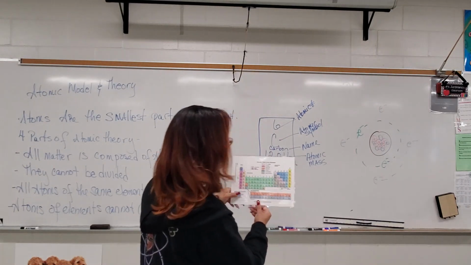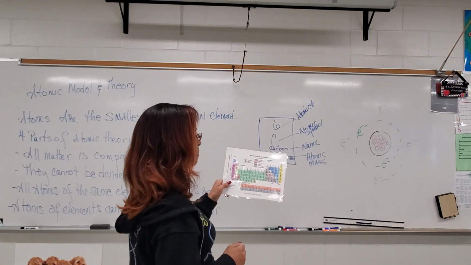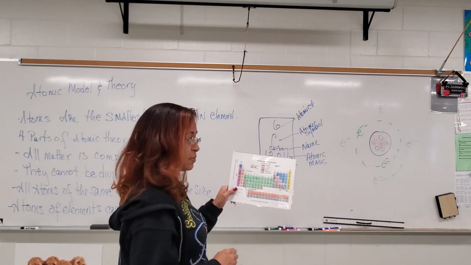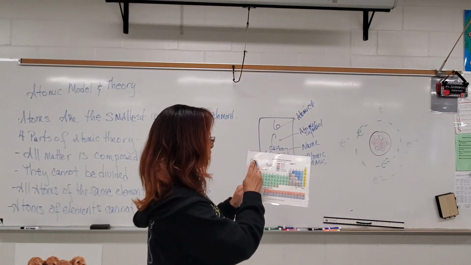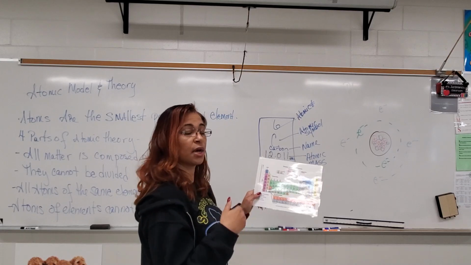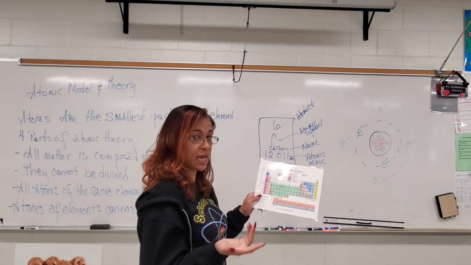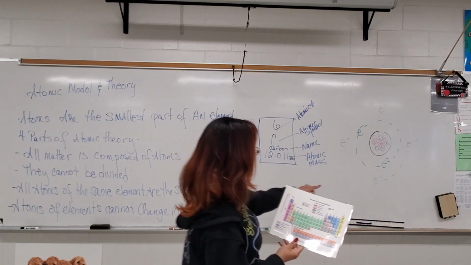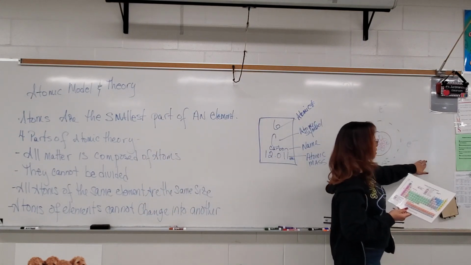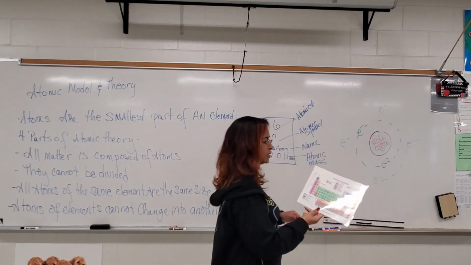Okay? So, if you look at the periodic table, this information might not be needed yet, but the group numbers tell you how many electrons you have in the outer shell. So for example, carbon is in group 4A. It has 4 electrons in its outer shell. That information will come in handy later.